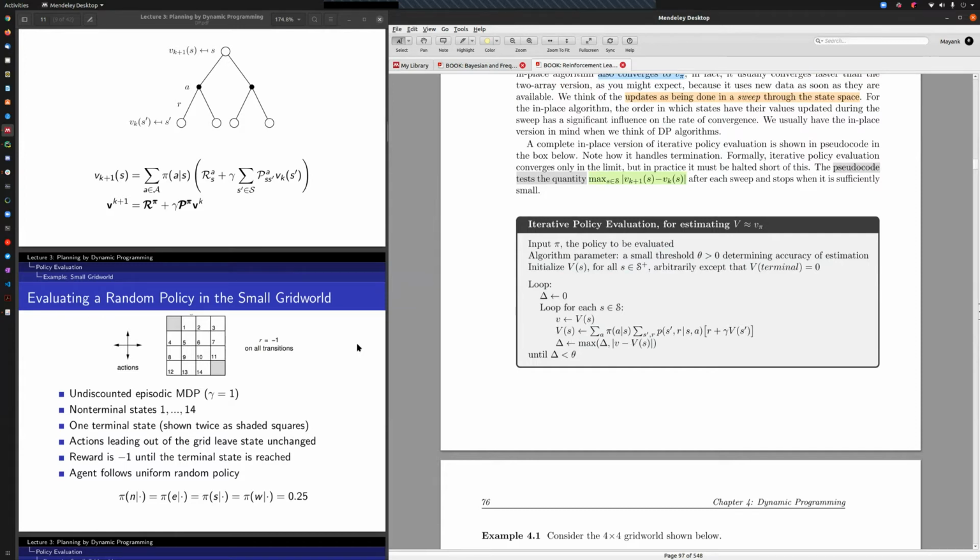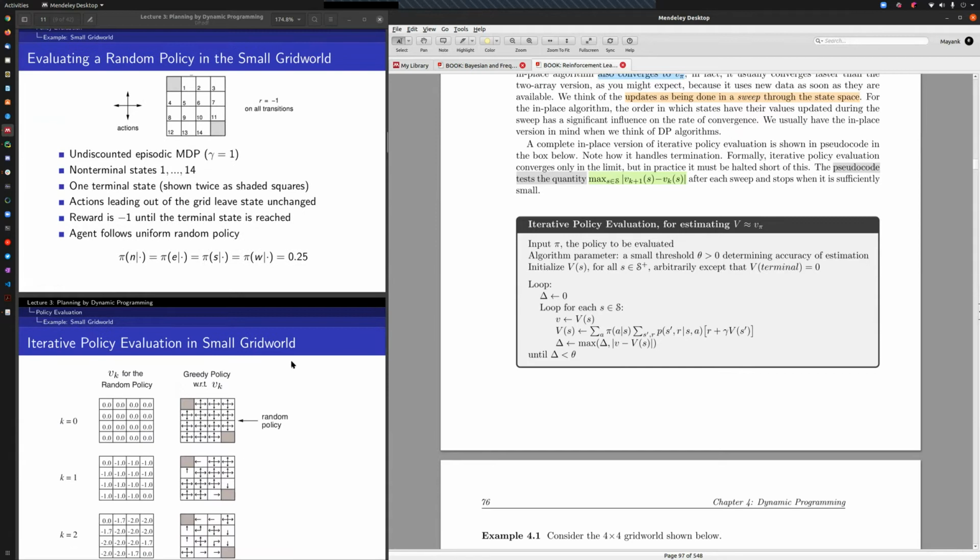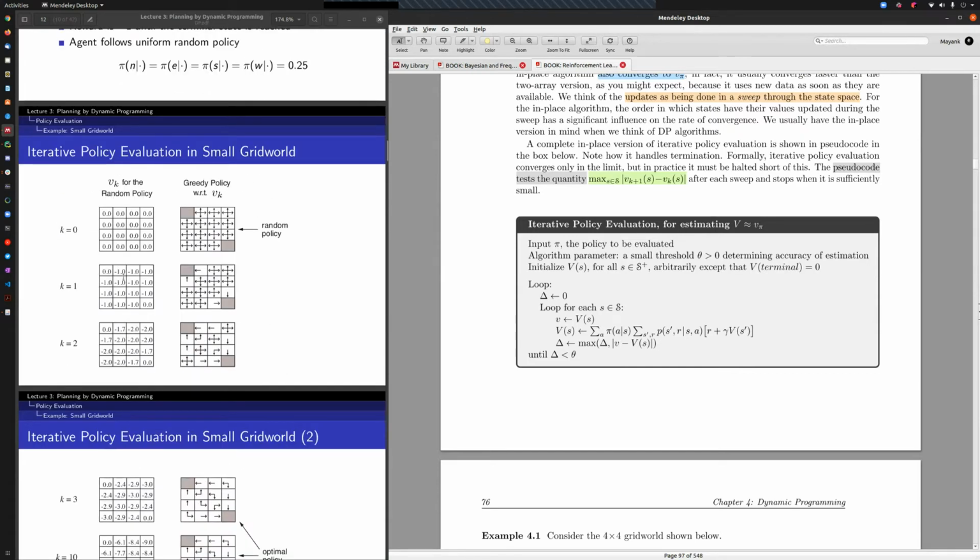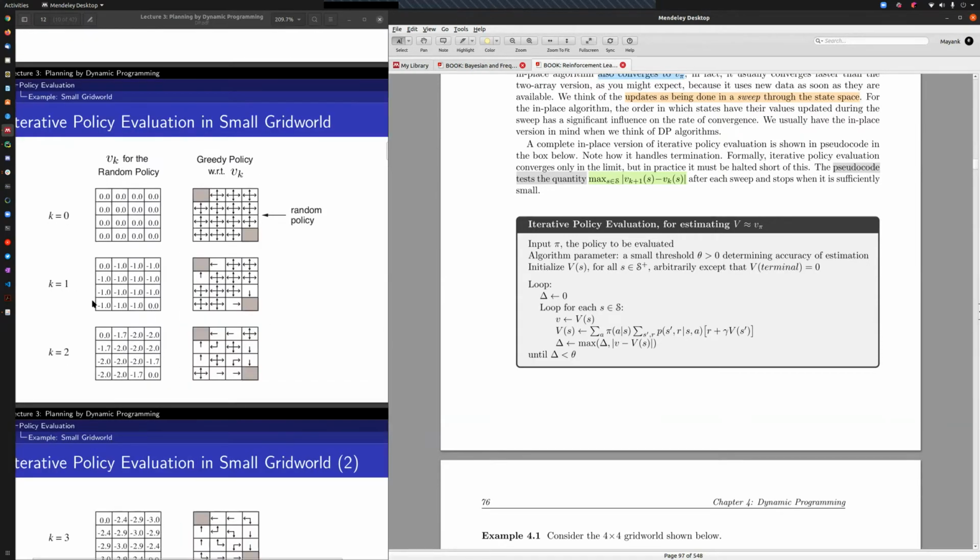Those are the values that we have got. You can see from here vk for the random policy. This is the example. In the next step we have this, and for k equals 2 we have this. So it's totally dependent upon this equation, the iterations that we do.